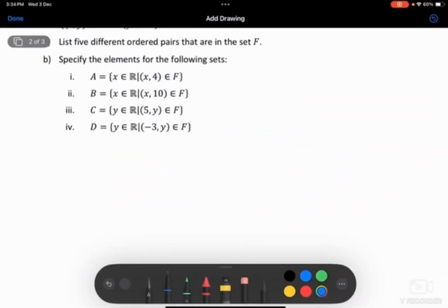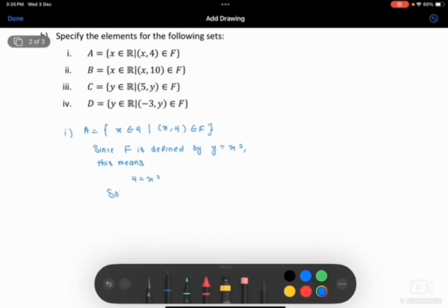Next, for part B, we need to specify the elements for the following sets A, B, C and D. So for part A, we are told that element x and 4 is in F. Since F is defined by y equal to x square, this means that 4 equal to x square.